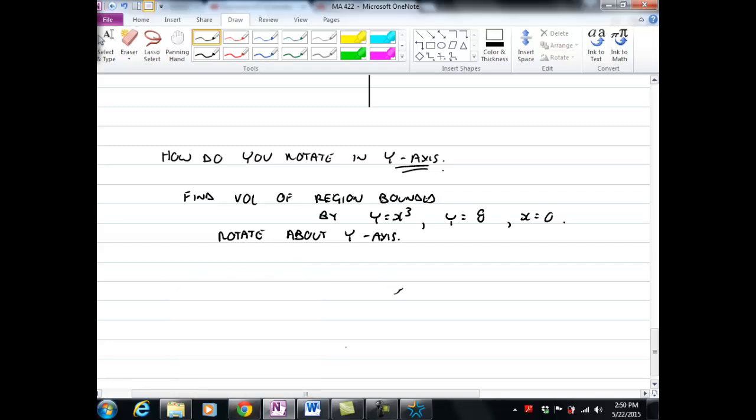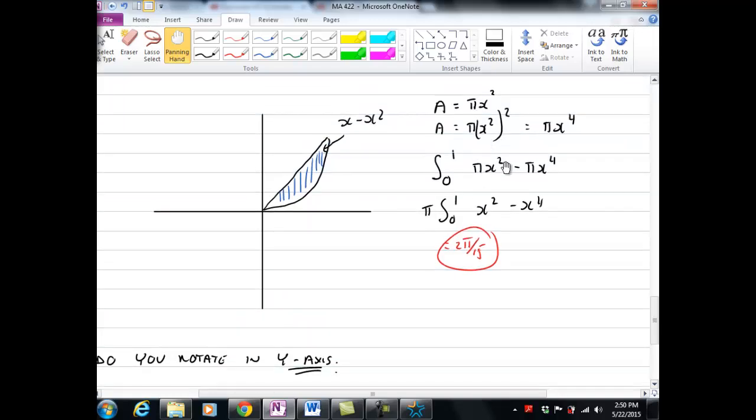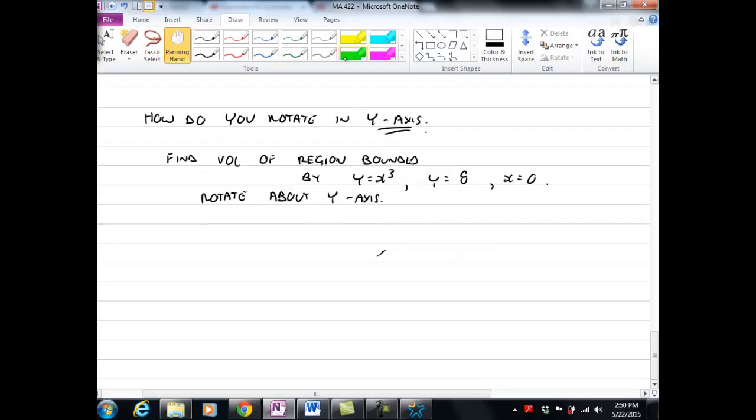So if I were to rotate this in the x-axis, everything is in x, see? All in terms of x. If I were to rotate in the y-axis, everything has to be in terms of y. This is the first crucial thing. So notice y-axis. So everything in terms of y.